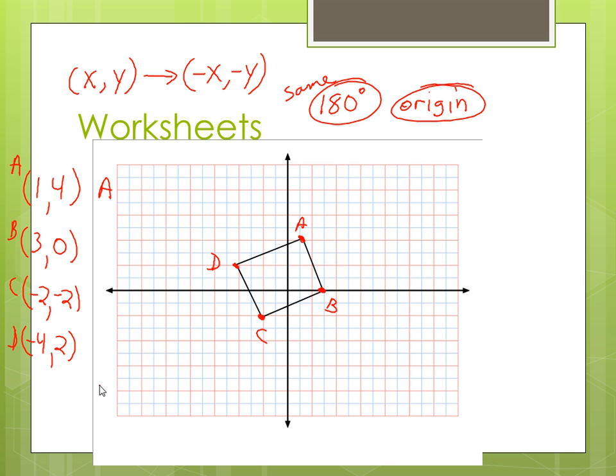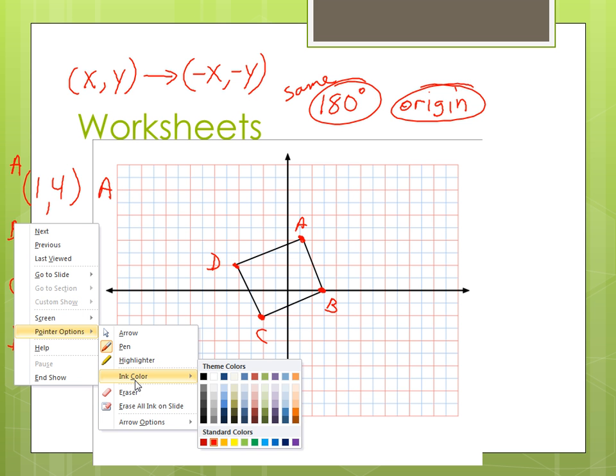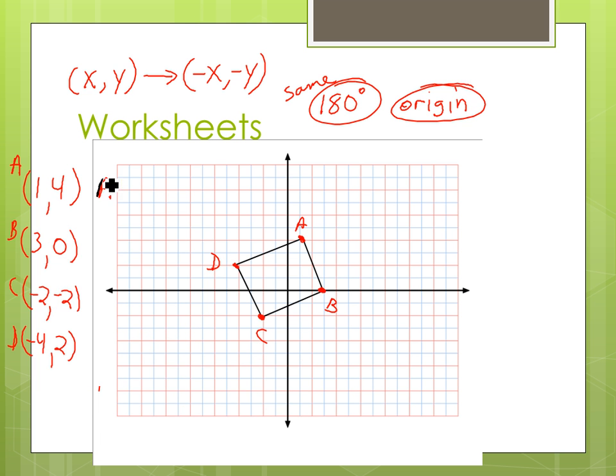So if I look at this, let's change our color here. Go to black. A prime is going to be -1, -4. B prime is going to be -3, 0.